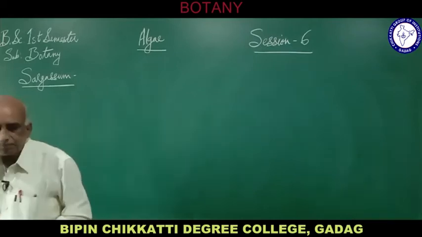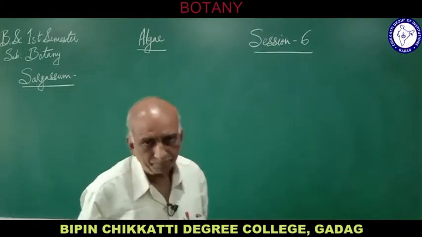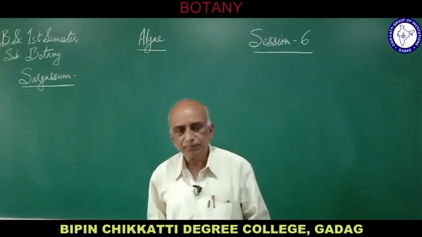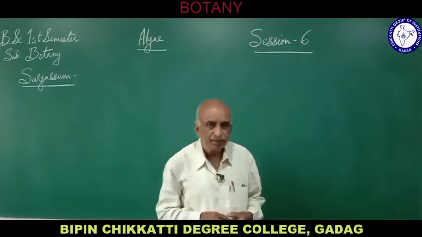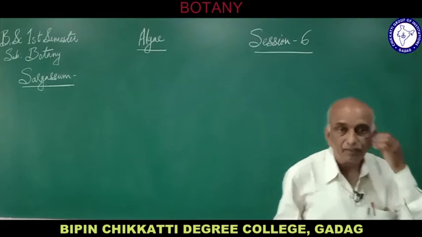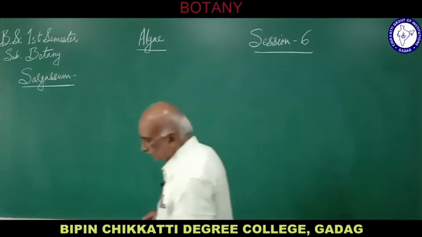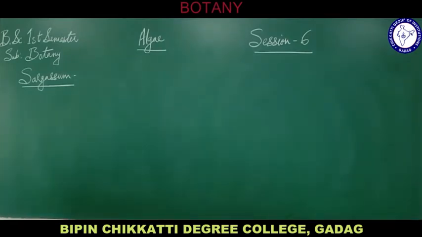So Sargassum is a brown algae which is found growing in the seawater and also in certain freshwater forms.